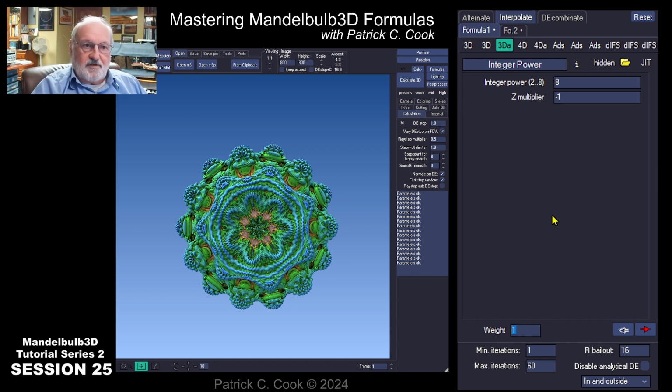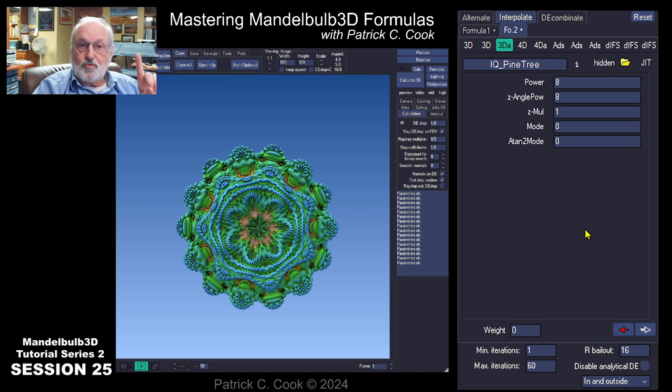All that means is that in the averaging algorithm, deep down inside the code of the Mandelbulb3D application, formula number 1, which happens to be integer power, is allowing all of its pixels to write.